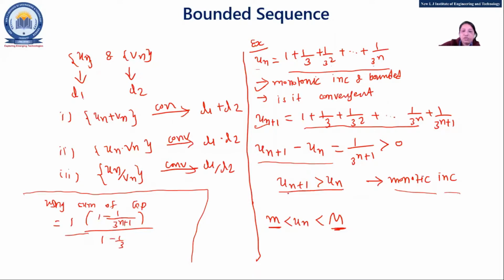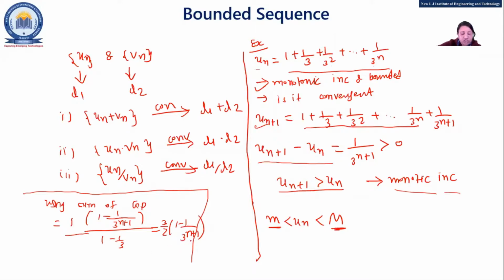Now if you solve this, take the LCM: 3 minus 2, so you get 2 by 3. Writing it that way, we get 3 by 2 into the bracket 1 minus 1 upon 3 raised to n plus 1.